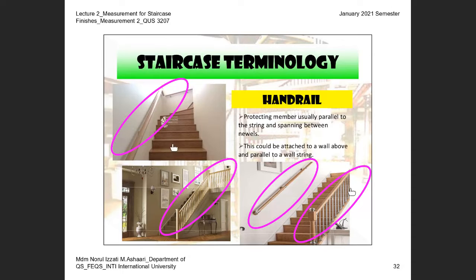If you have this kind of design, normally we don't have any balustrade. It is actually not required to have the balustrade. At least this can be the design to refrain people from falling down, and to give stability to the staircase as well.